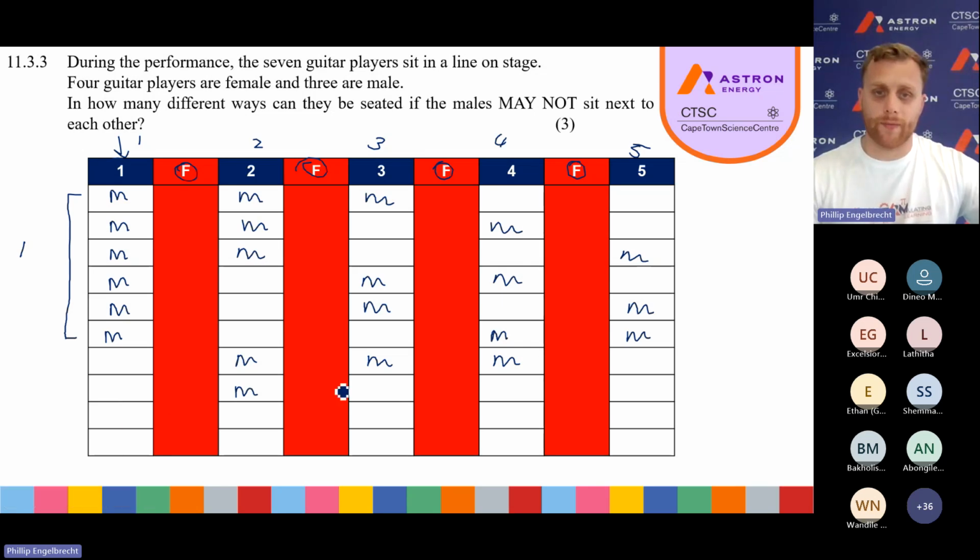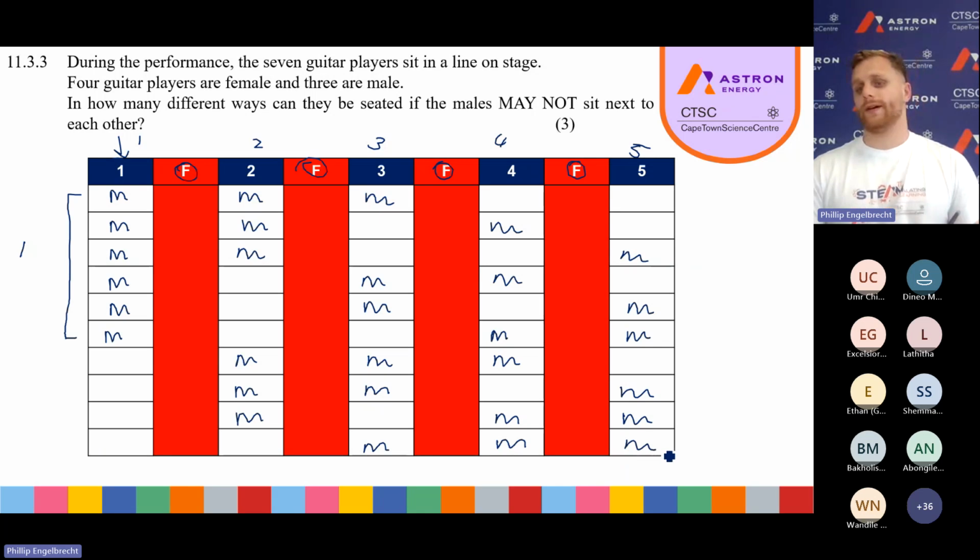Okay. Or I can have a male over here and finally a male over here. Finally, I can have a male starting here, a male starting here, and finally a male starting here. And finally, I can have a male that's either over here, or over here. So guys, these are the 10 ways in which we can position the males amongst the females. Do we understand that so far?